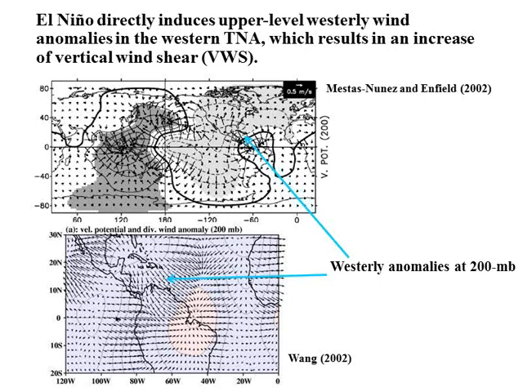ENSO induces this westerly wind anomaly directly, because in this region, at 200 millibar, the mean wind is westerly. So this wind anomaly will increase the westerly wind and increase the vertical wind shear during ENSO.